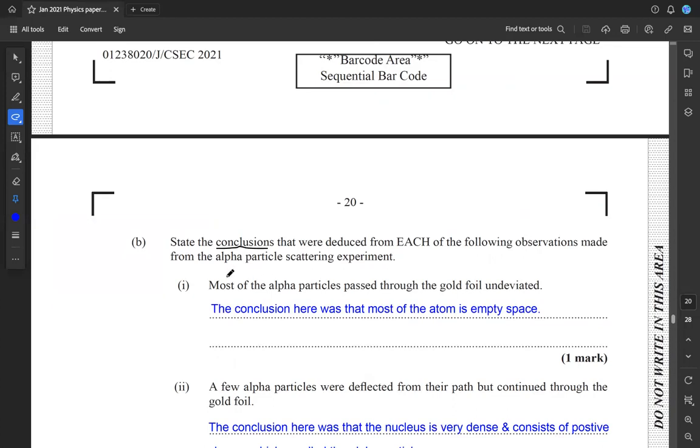The first one was that most of the alpha particles passed through the gold foil undeviated, right? And the conclusion from that was that most of the atom is made up of empty space, right? That's why the alpha particles just go through without any obstruction, because it's mostly empty space.